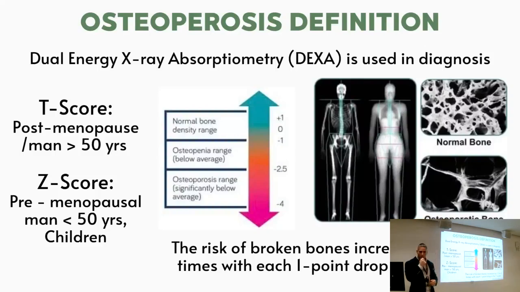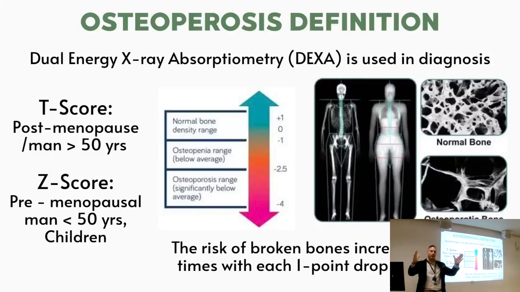So you get what's called a T-score. So a T-score is used to sort of characterize postmenopausal women, men over the age of 50 as well. And what we're looking at is how does your score in terms of total bone mineral density compare to the normal bone density, a normal healthy range.